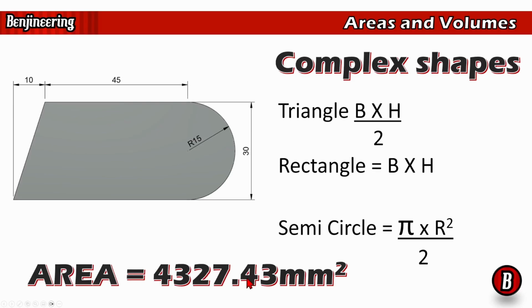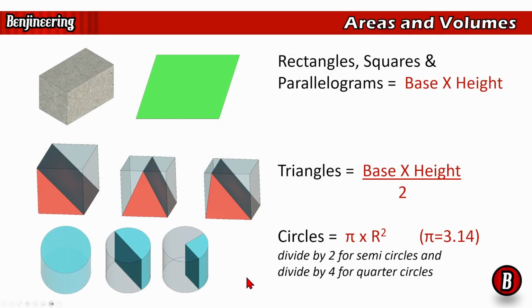Hopefully it wasn't me. Right, so what we'll do is we'll end this video just by giving a summary of the formulas involved and the things we've looked at. So for cuboids and for parallelograms, or rectangles, squares, and parallelograms, the area is calculated by doing base times height. For triangles, it's base times height divided by 2.